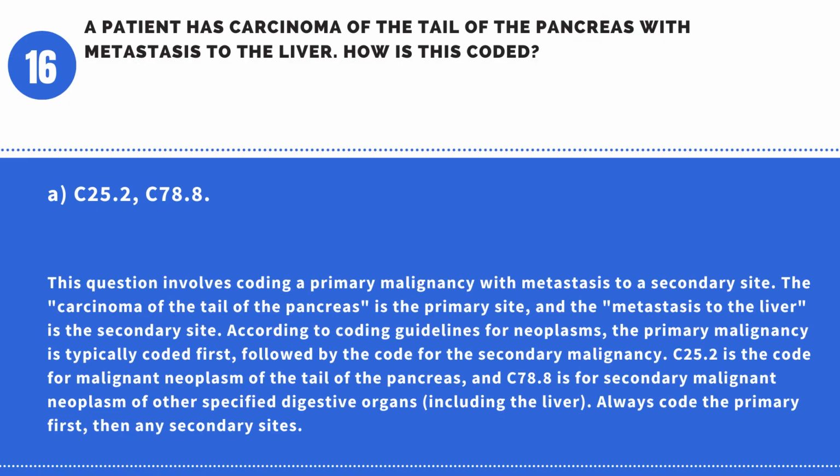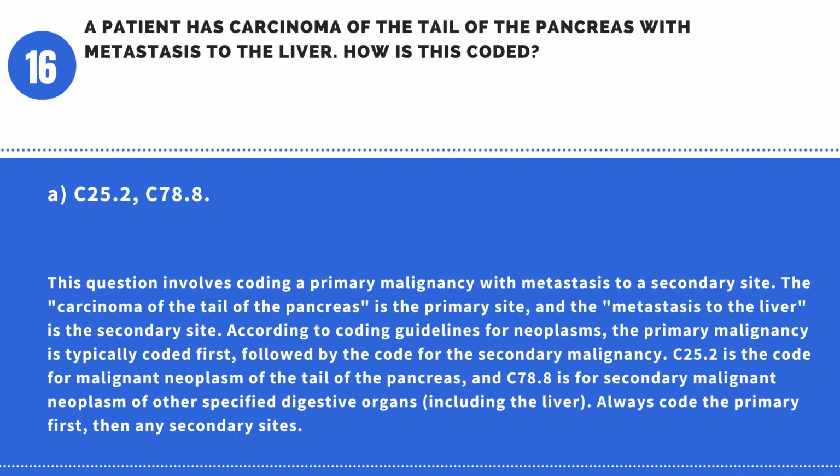Answer: A. C25.2, C78.8. This question involves coding a primary malignancy with metastasis to a secondary site. The carcinoma of the tail of the pancreas is the primary site, and the metastasis to the liver is the secondary site.